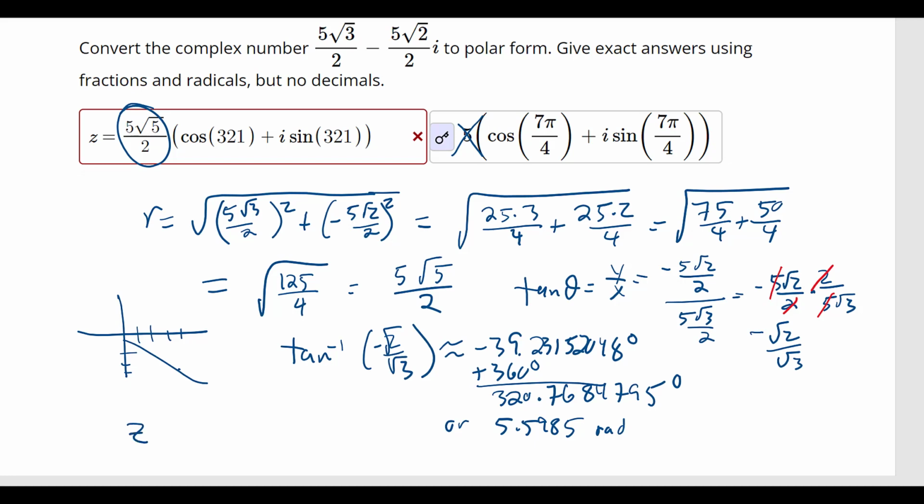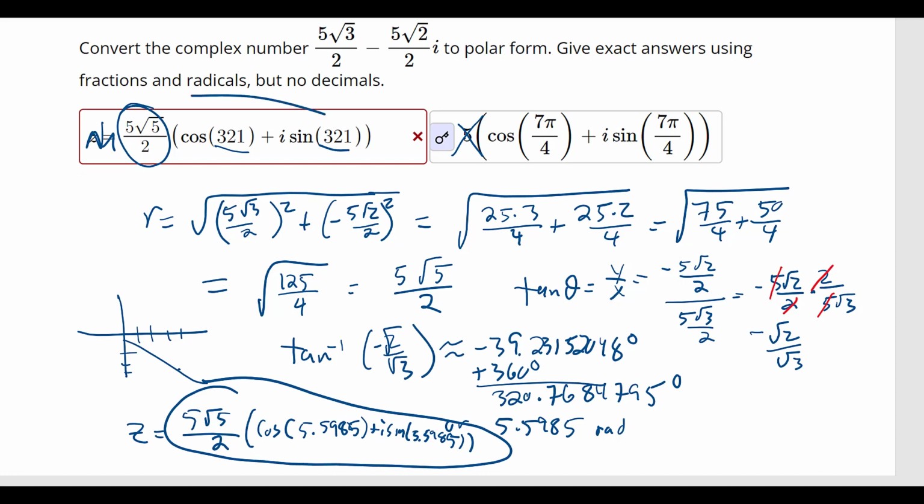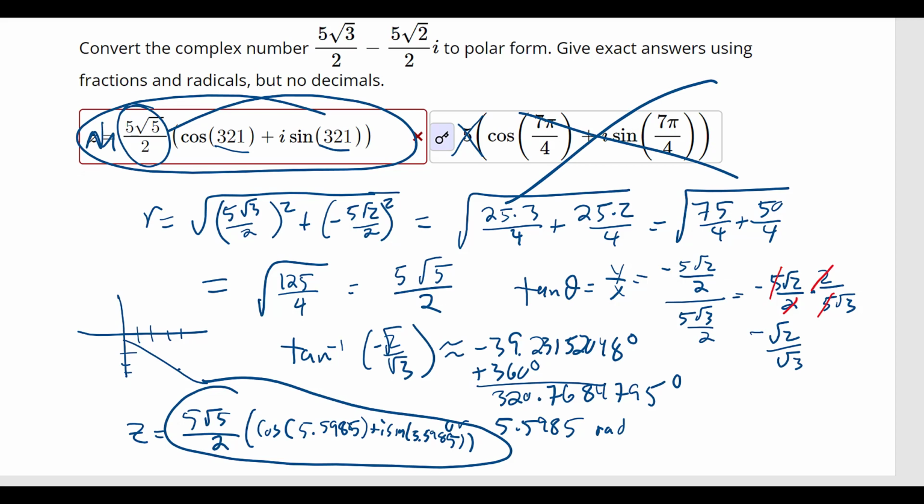That's z equals, you don't need the z equals, I don't think, 5 root 5 divided by 2 times cosine of either the 321 degrees, or you can do the 5.5985, plus i sine of 5.5985. So these are both correct answers, and this one's not. Okay, good job catching the error in the system.